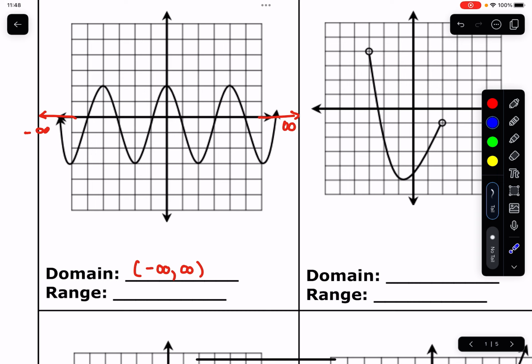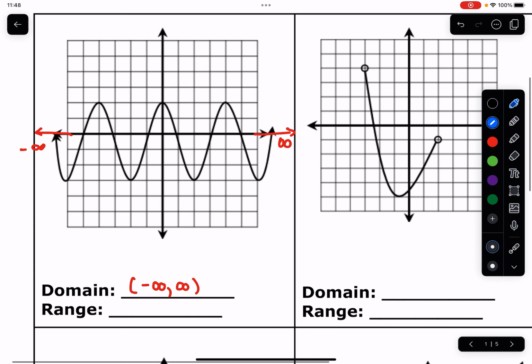Now, for the range, we just simply think about it the same way, just in the opposite direction, in the vertical direction. So let me draw a horizontal line here. There we go, horizontal.